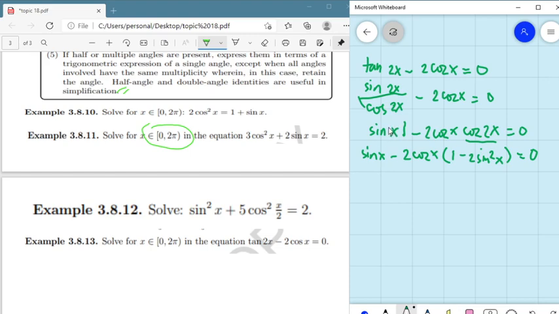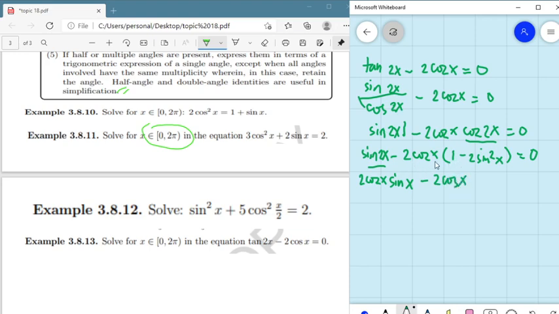Here it is 2x, and we can replace it with x only. Okay, sine 2x. This sine 2x can be substituted with 2 cosine x sine x, minus 2 cosine x.